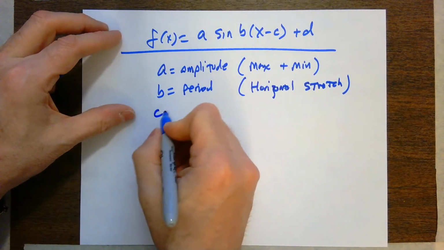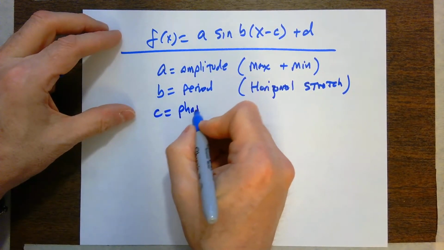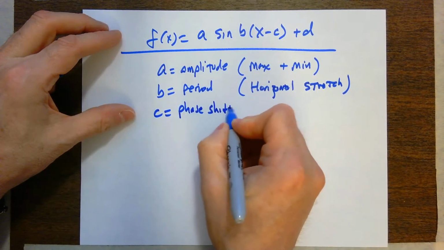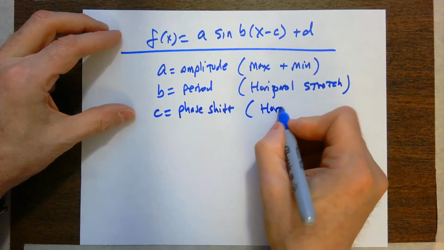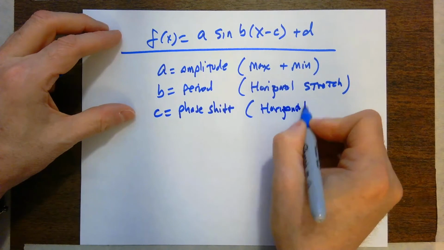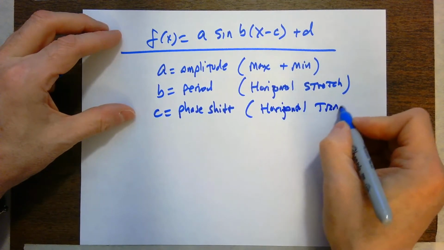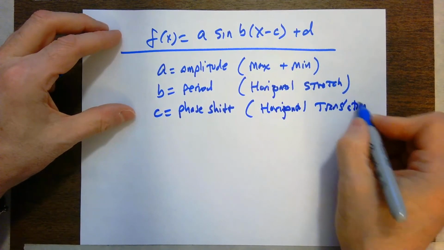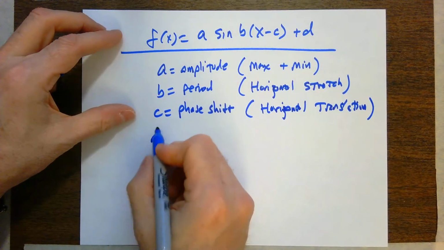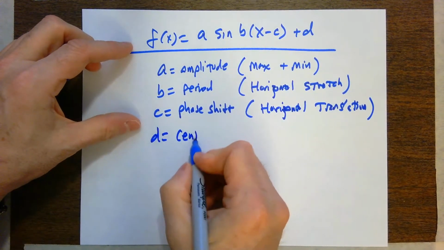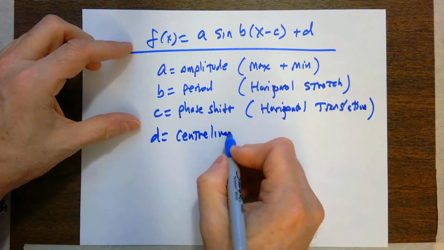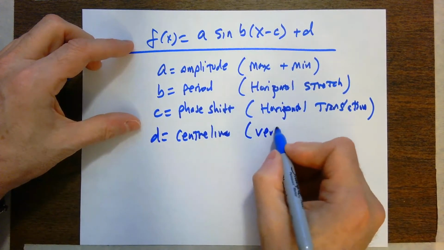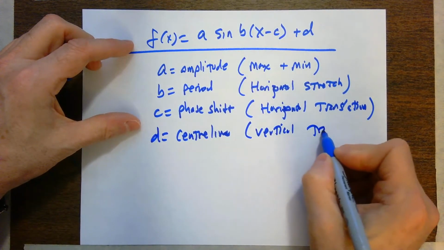The c value is something we call a phase shift, and it's a horizontal translation. And finally, the d is often referred to as the center line, and that's a vertical translation.